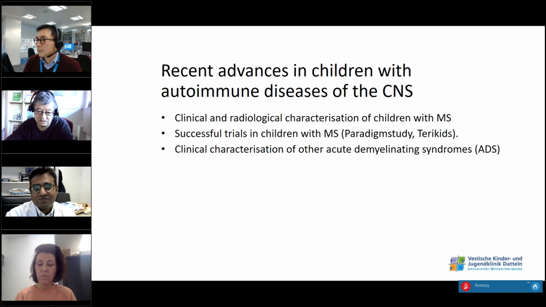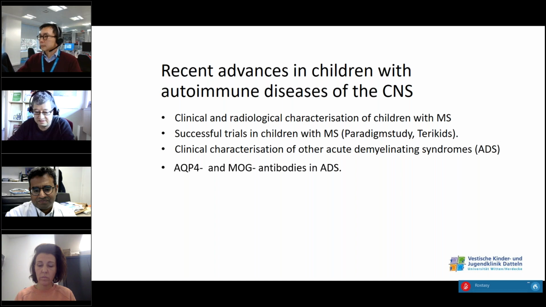We have 2, or at least now 3, successful trials that have shown that especially high efficacy drugs are very useful in these diseases. And very importantly, aquaporin-4 and MOG antibody diseases have been described in more detail.